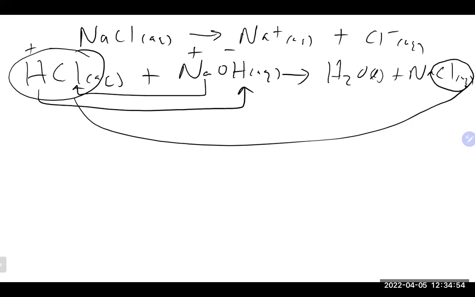We would expect it to do the opposite, right? Which would be weak in this case. So we would expect this guy to be weak. And what that means in this context of the salt is it is not going to go and react with water, basically. It's just going to float around and not do anything. So we don't have to worry about the chloride part reacting with water and changing the pH.